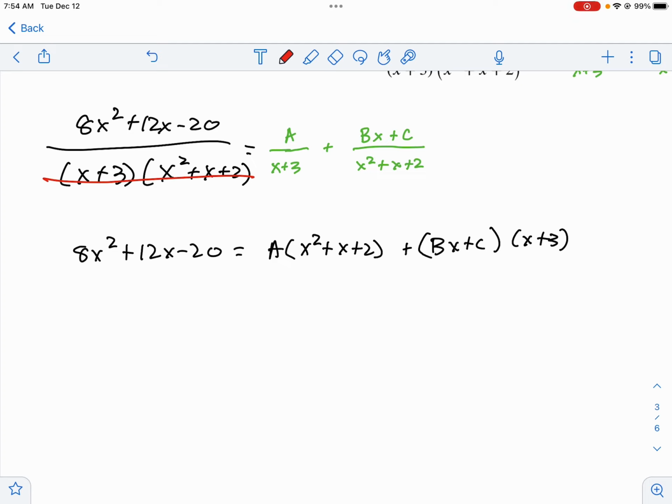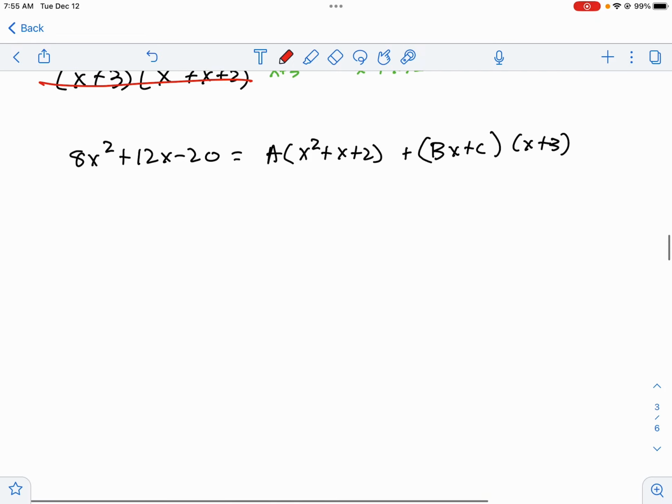So here, naturally, you can't use a trick that we did earlier. Actually, you can, if you choose x to be minus 3. And that comes with seeing this enough and understanding what's going on. So you can let x equal negative 3.